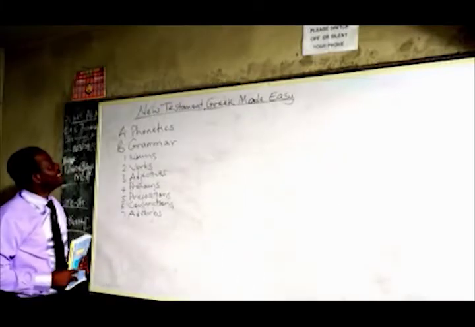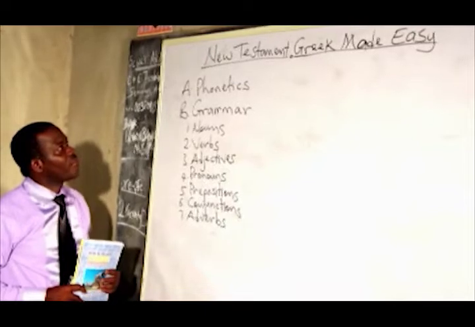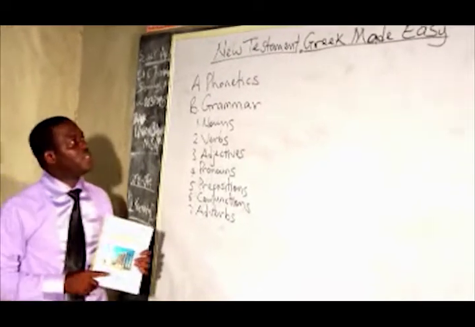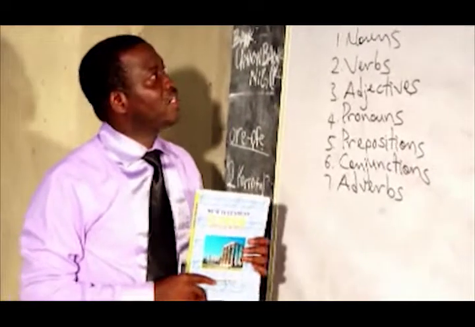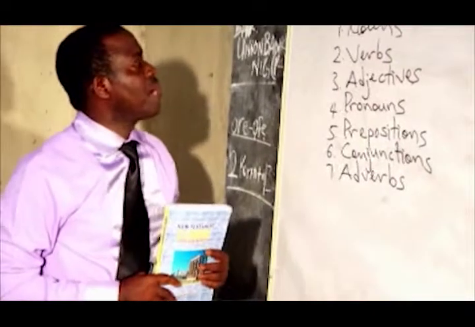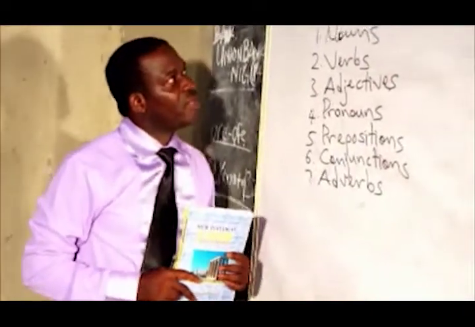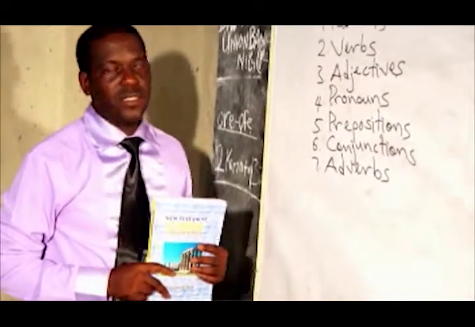We'll come to the end of the first volume. In this textbook, New Testament Greek Made Easy, we just covered the first 3 chapters. And these first 3 chapters deal with phonetics.